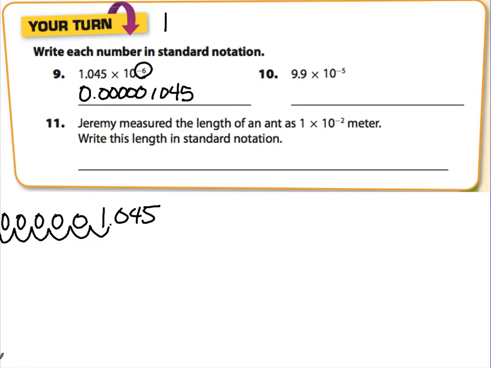Since I had one number here, that means I have that many zeros. Another way to look at it is, since I'm moving it 5 places, I need to have 5 zeros and then my numbers. So you should have gotten 0.00000 99. Tenths, hundredths, thousandths, ten thousandths, hundred thousandths, millionths. So 99 millionths.